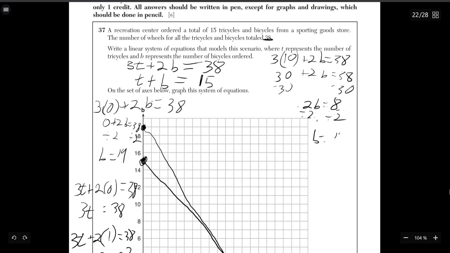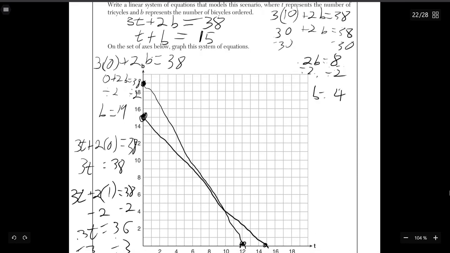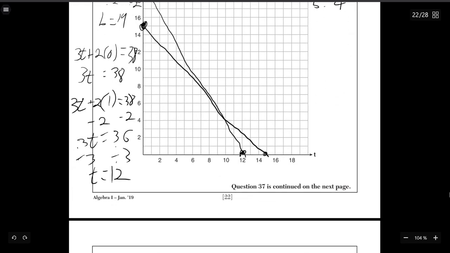We get b equals 4. So in the first equation, if t is 10 tricycles, we get b is 4. And that does not work for the second equation. If we have 10 tricycles and 4 bicycles, that's not going to give us 15. So I would say that the answer is no.